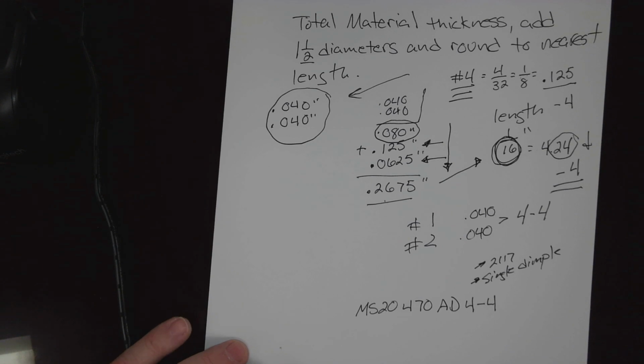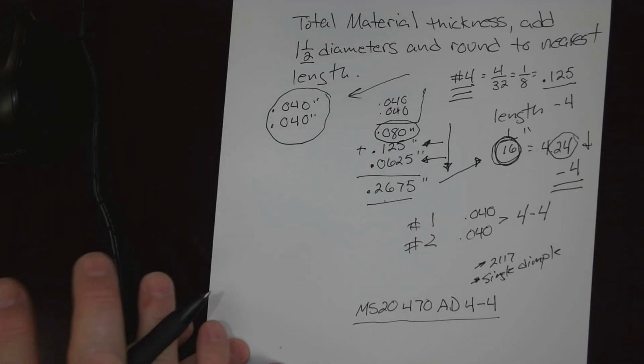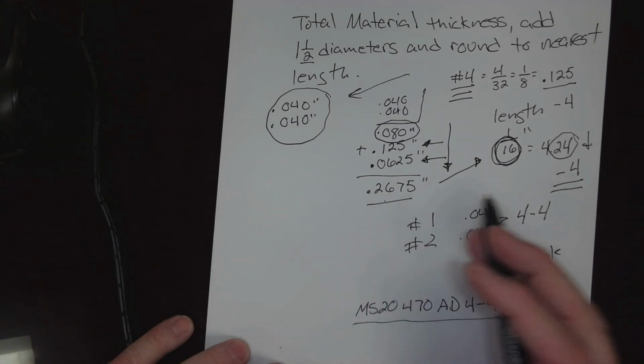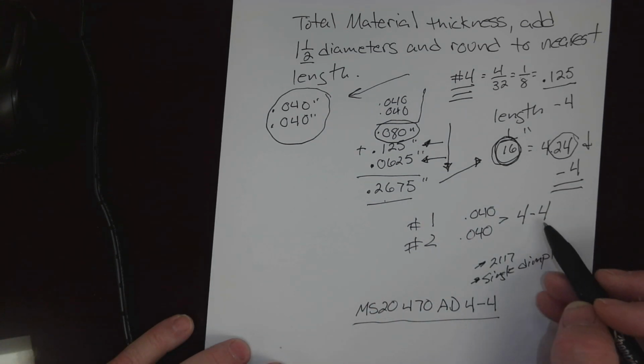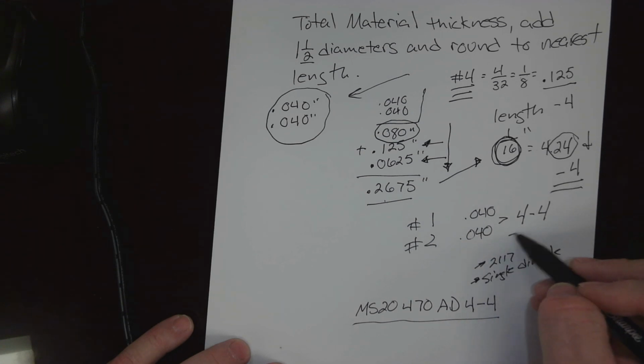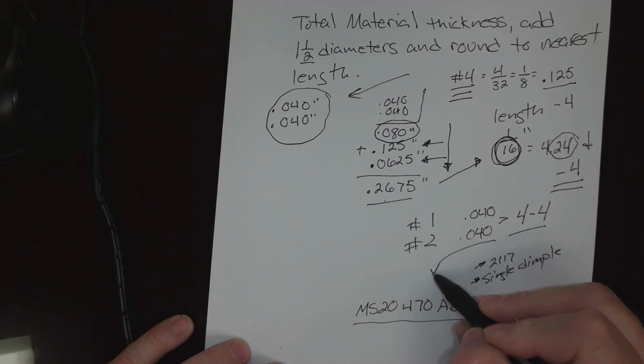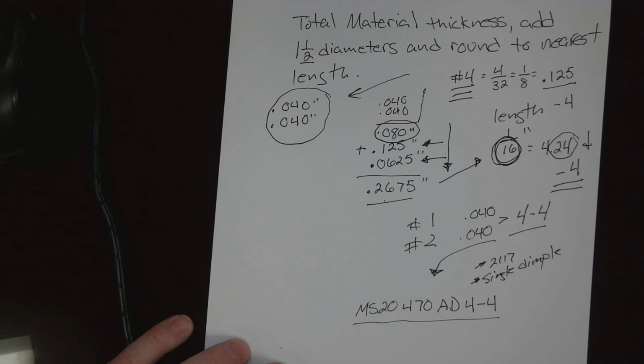So by applying those two rules and knowing a little bit about the code, we can take our sheet metal information only, use these rules, do the math, and we can determine the exact correct rivet, and then we can convert that into the code in order to order those rivets or to go pull them out of supply.